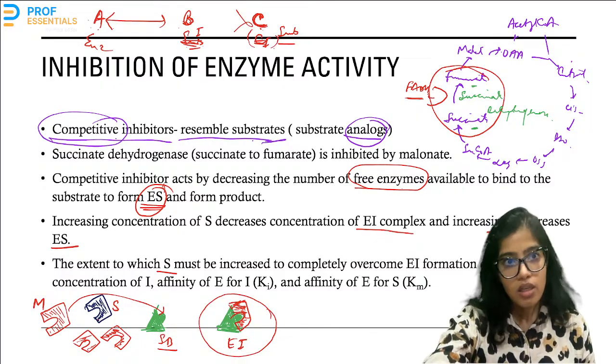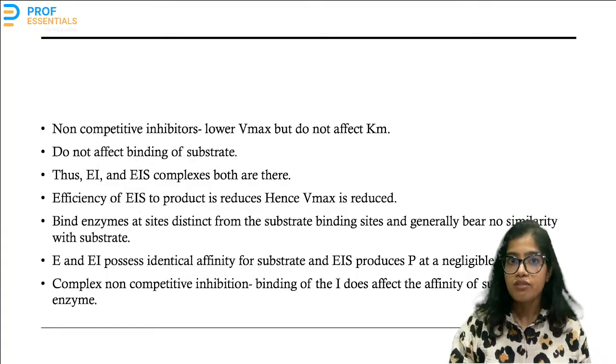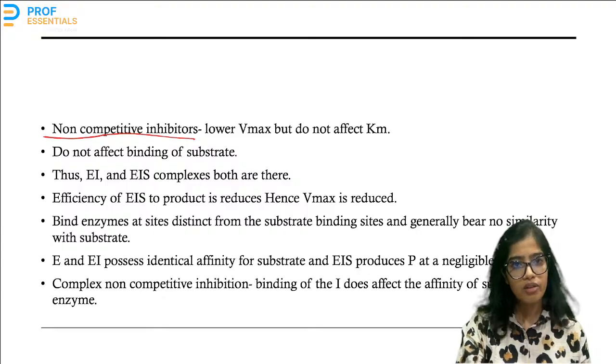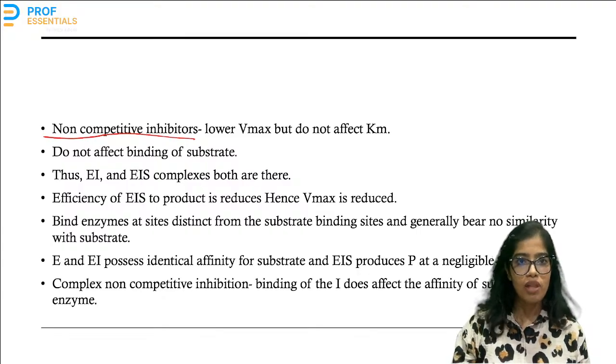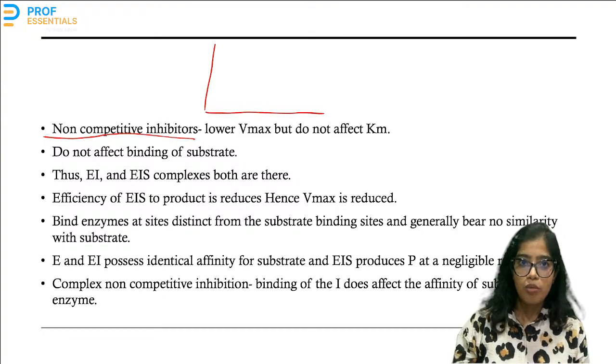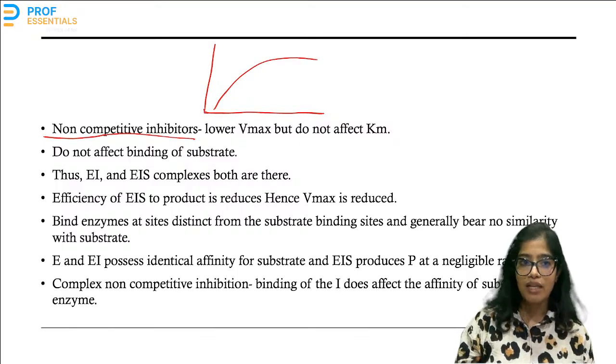Understood? Next, we come to non-competitive inhibitors. The simple non-competitive inhibitors, first, what will they do is, if you go back to this graph, the hyperbola, the non-competitive inhibitors are going to lower the Vmax.